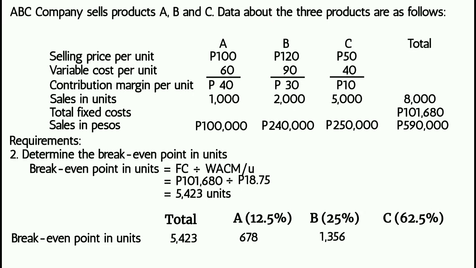And for product C, 5,423 units times 62.5%. That is equal to 3,389 units. 3,389 units ng product C ang dapat na mabenta to break even.